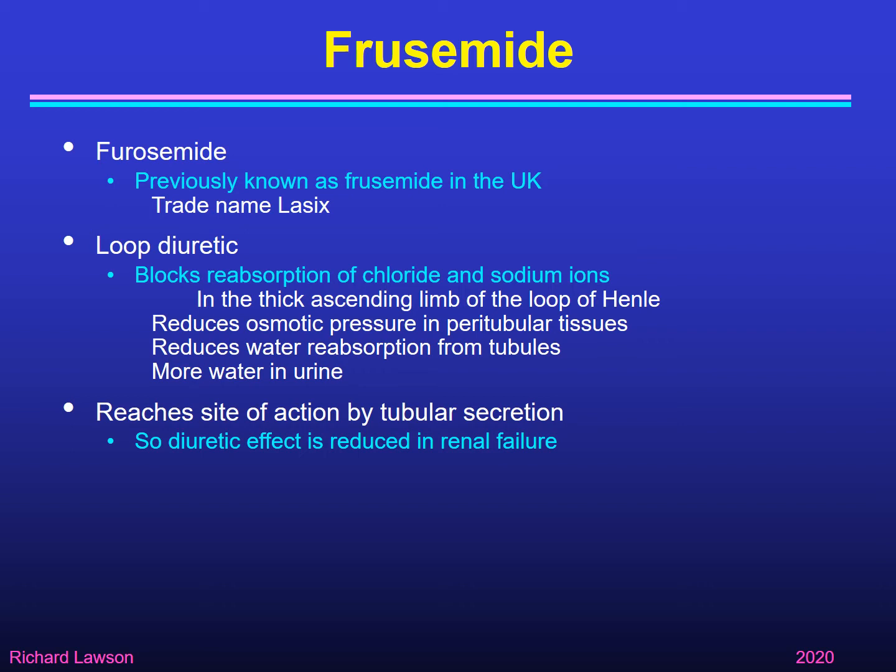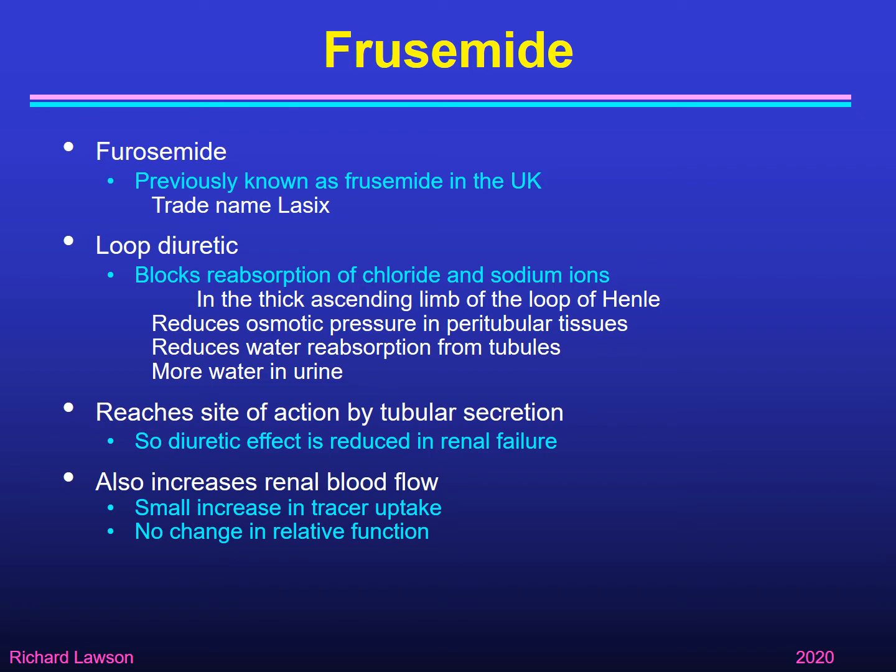It's well recognized that in patients with renal failure you have to give large doses of Frusemide to have any effect at all, and we have to bear that in mind during renography, because it means that even in poorly functioning kidneys we're not going to get as much Frusemide into the tubules, and therefore we might expect that the diuretic effect of Frusemide might be reduced in poorly functioning kidneys.